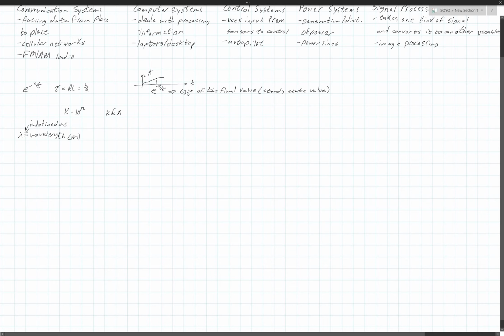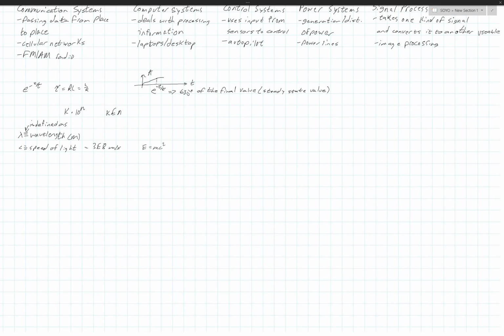And then we've got c, defined as the speed of light, which is equal to 3 times 10 to the 8th meters per second. This is the same c as in the equation E equals mc squared. That's the same c, the speed of light. So energy equals mass times the speed of light squared.